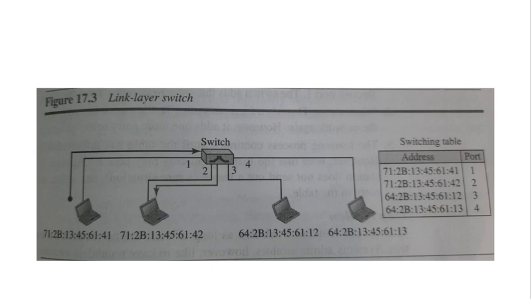Here we have a LAN with 4 stations that are connected to a link layer switch. So here, if a frame destined for station 71:2B to 13:45 61 42 arrives at port 1, then the link layer switch will consult its table to find the departing port.